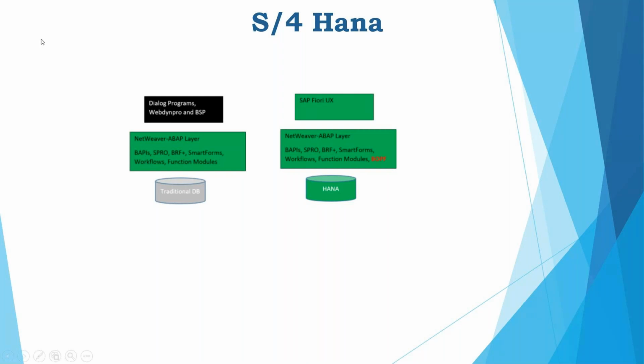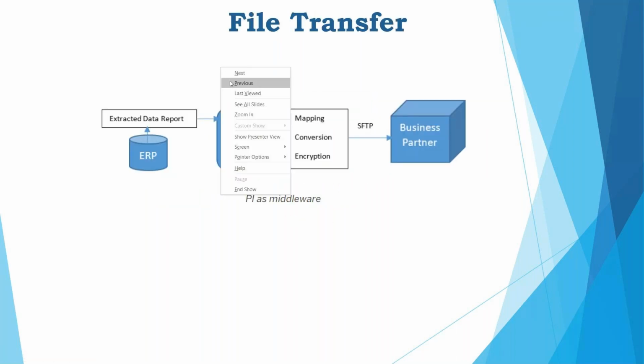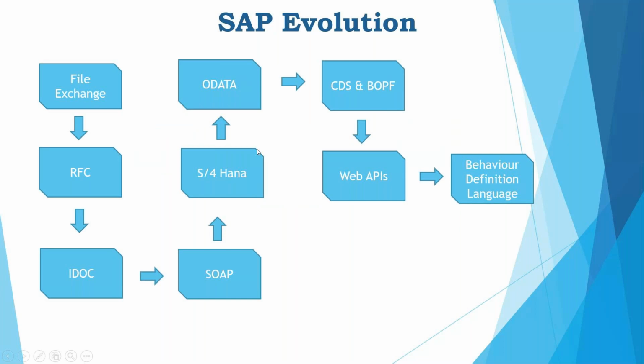Is it clear? Next. Now OData. As I said, I'm not going to prioritize which has come first and which second. I'm telling you what technologies have come into the SAP system. OData stands for Open Data. Using this protocol, we are exposing the data from the SAP system to the outside world.